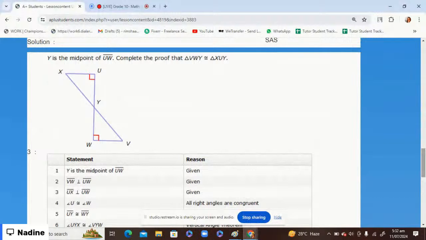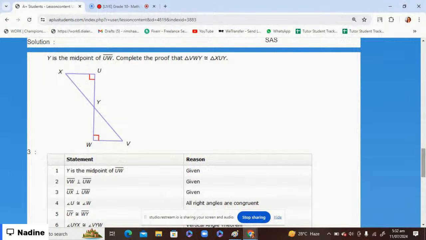Okay, so we are going to check it out. If Y is the midpoint of these lines, then XY is the same as VY, and UY is the same as YW, because this is the midpoint of all these four lines.